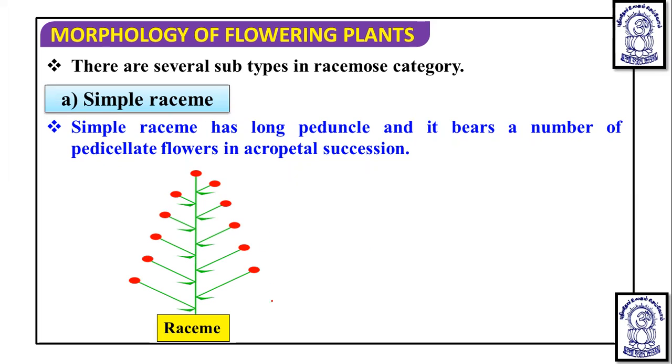What is going on here? This is the peduncle, and the peduncle tip is growing. This is the growing point. This is the peduncle, but the stalk of the flower is known as the pedicel.